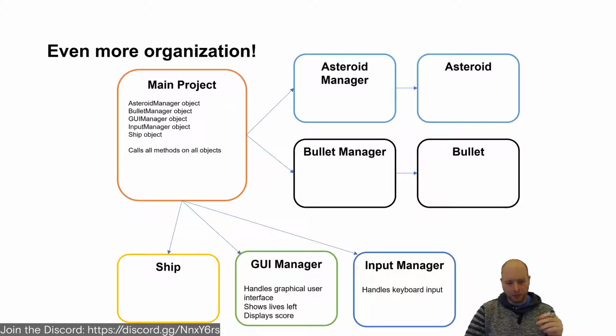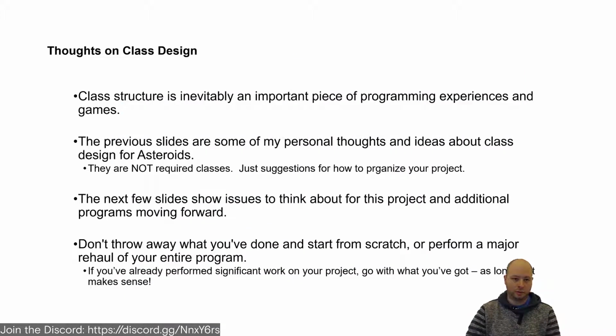Here's another idea. We have a GUI manager that handles the graphical interface, like how many lives you have left and what the score is. We have an input manager that manages the keyboard and dispatches it to the correct place, instead of having that behavior happening inside of these objects. And now your main project manages all of those different managers and keeps things in order.